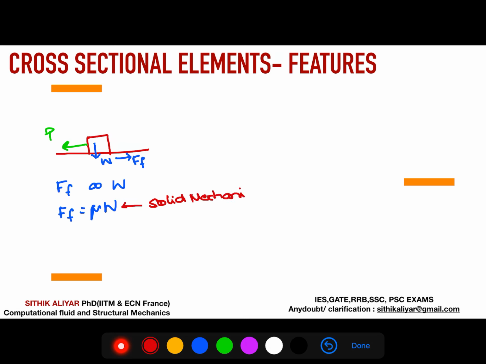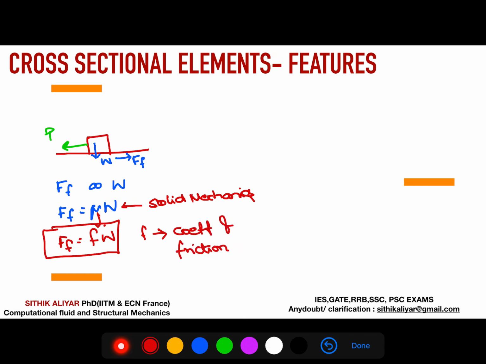Okay, in highways we will use a formula in the form of an F value. We won't put mu, this will be mentioned as a term called F. So F will be our coefficient of friction.